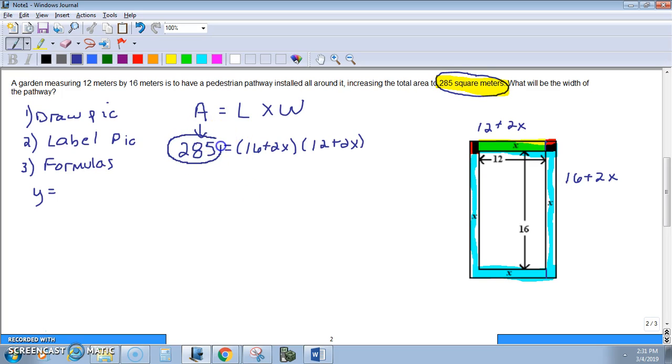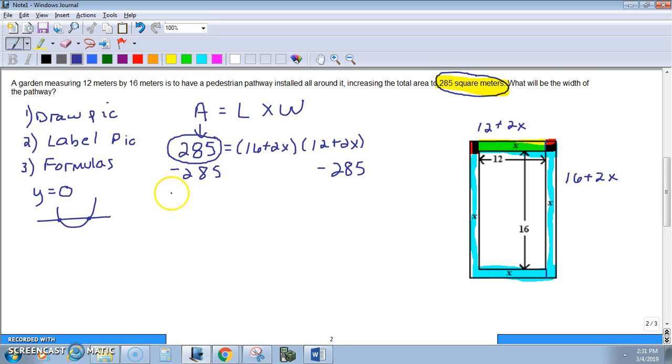So let's just make this 0, because we can use y or 0. Those are the solutions to an equation where the graph crosses the x-axis. To make that 0, we're going to need to subtract 285 from both sides.